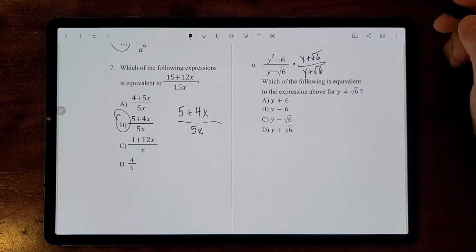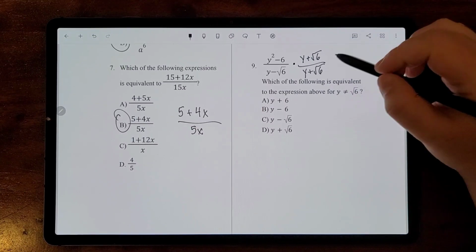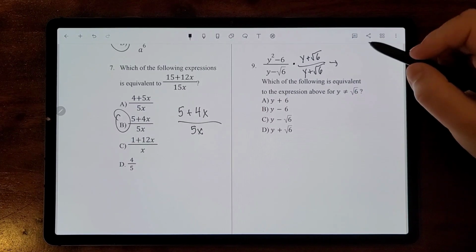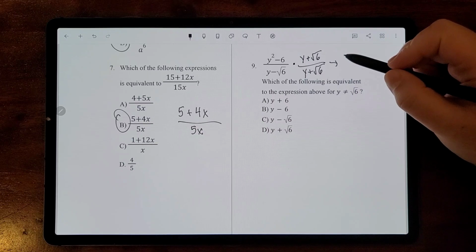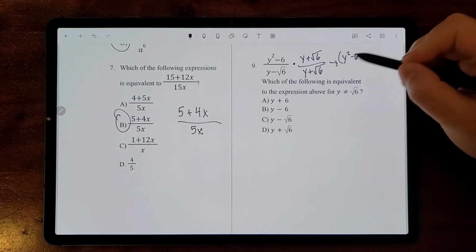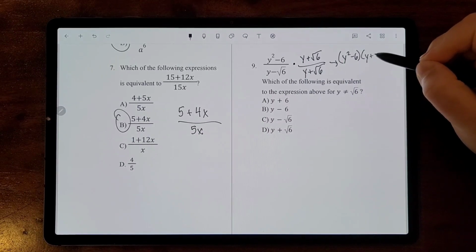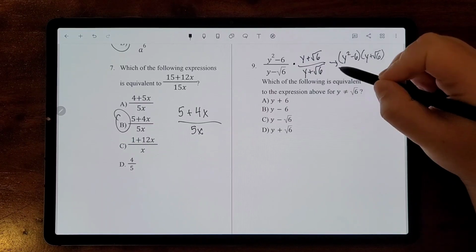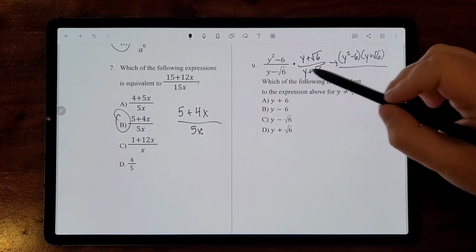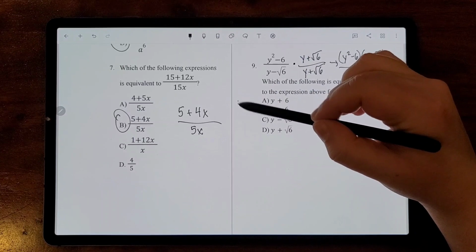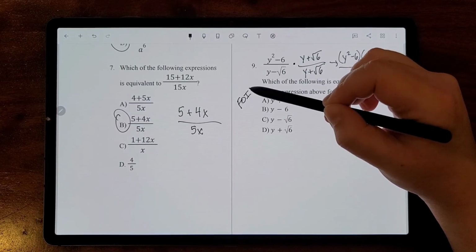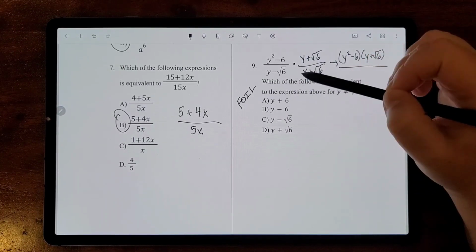So let's go and now do the work over here. So this is basically saying, hey, we're going to do y squared minus 6 times y plus root 6. And then on the bottom, if you FOIL this out, remember, FOIL is first, outside, inside, last. That's what that stands for what you're multiplying.